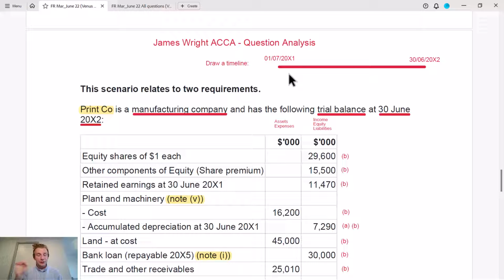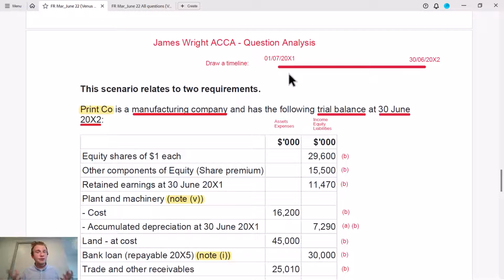Another key thing for your notes and tips is doing a pro forma. That means you could use an Excel spreadsheet, or you can use the CBE platform, to lay out how an income statement or statement of financial position is laid out.